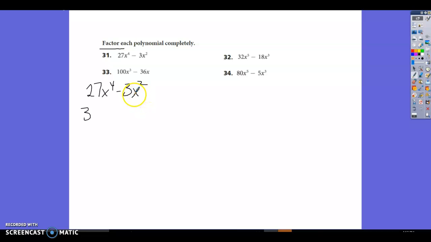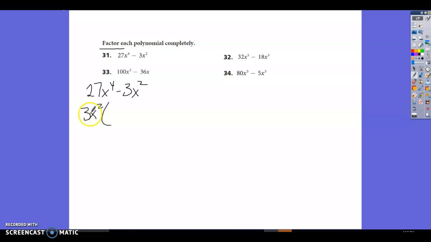And then this one has x squared, which is x times x. So both of these have an x squared in common. So when I factor out my greatest common factor, part of that is a number and part is the variable. So you have to do both number and variable to get the greatest common factor.